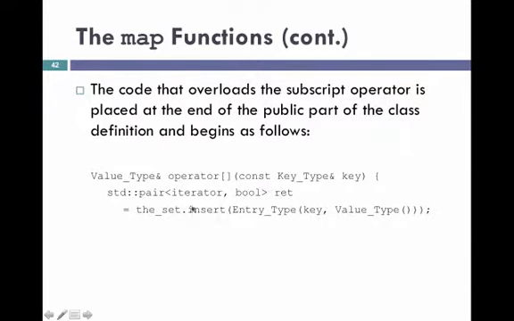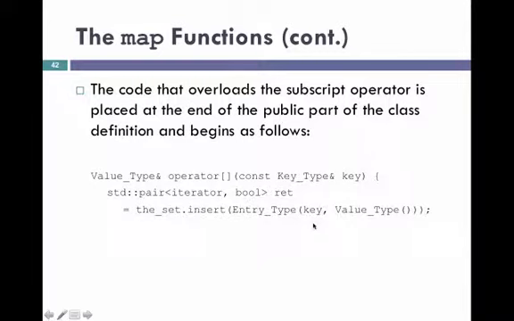And you need to go back to the prior section in this chapter. Maybe you should pause here and go back and read about this insert method. It's a rather complicated method, but remember what happens is if you try to insert a key that doesn't exist, then this insertion will succeed, and what you'll get back is a pair that contains an iterator, which will first point to that new key you've just added, and a Boolean value which will be true. So if the insert succeeds, an iterator that will point to the key just added and the Boolean set to true.